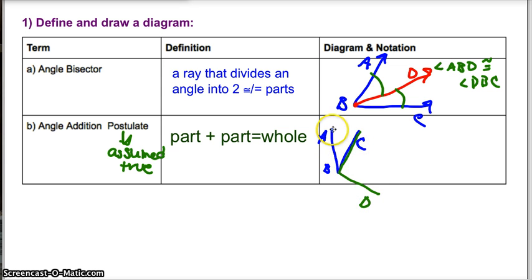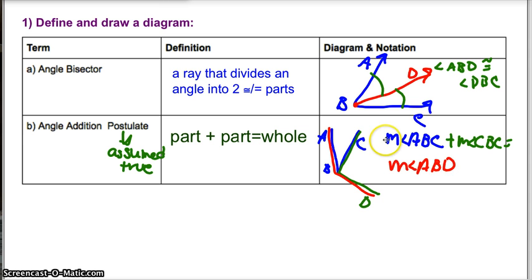What it's telling me is that if I take the measure of angle ABC and I add it to the measure of angle CBD, it's going to equal the entire angle, which is the measure of angle ABD.